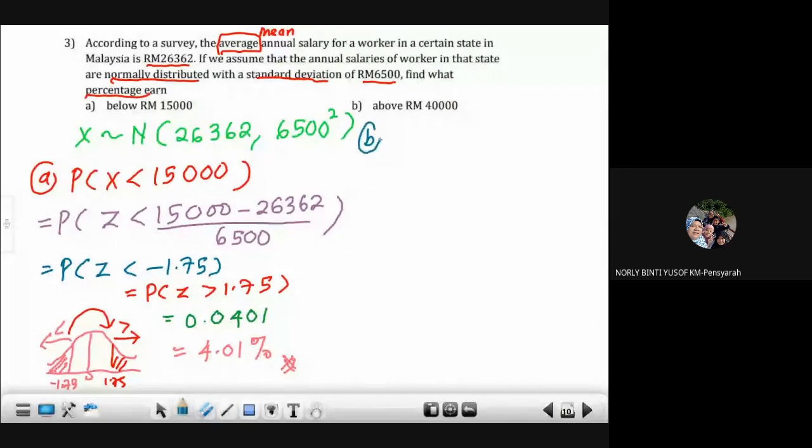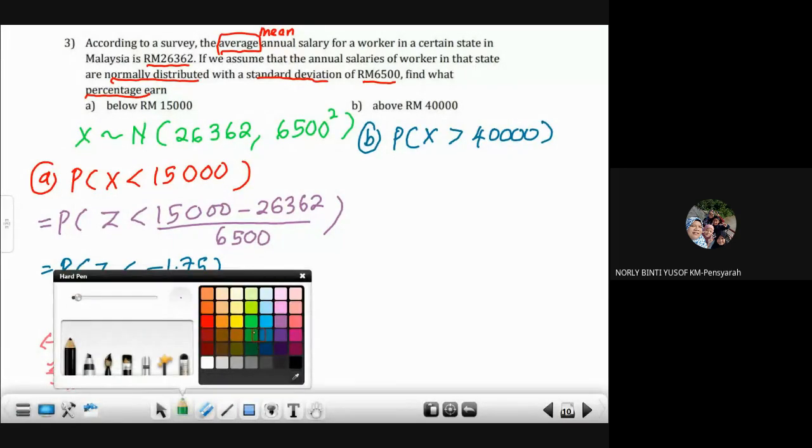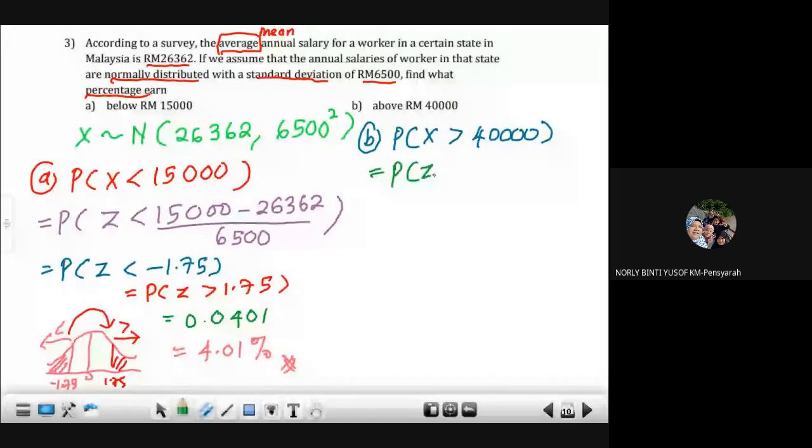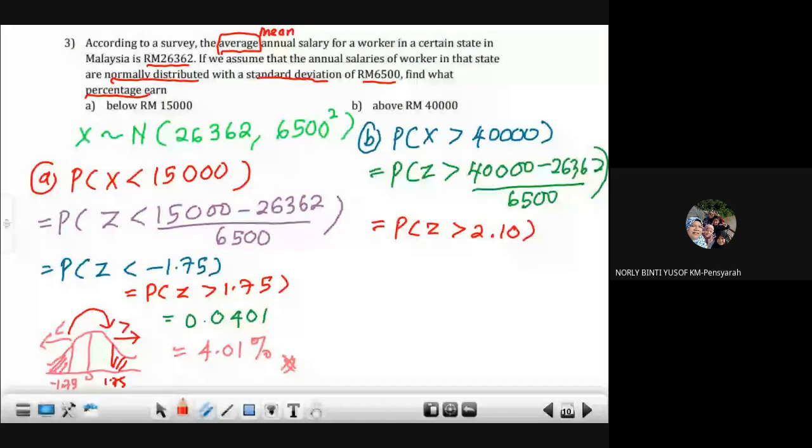Okay, and then B is the same. B above. Above means greater, right? Greater than 40,000. Write the discrete correctly first, and then standardize. 40,000 minus 26,362 divided by 6,500. Okay, the working step, then simplify, you get 2.10. Same, if you get many decimals, take 2 decimal points only, because we read the Z table with Z at 2 decimal places.